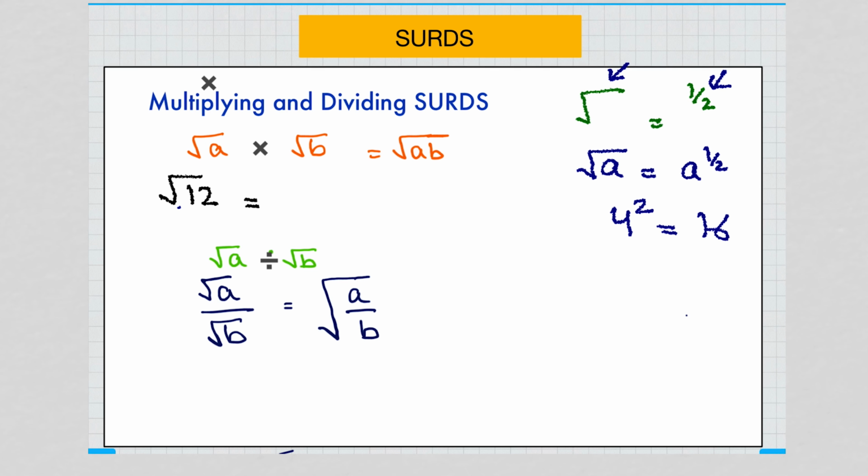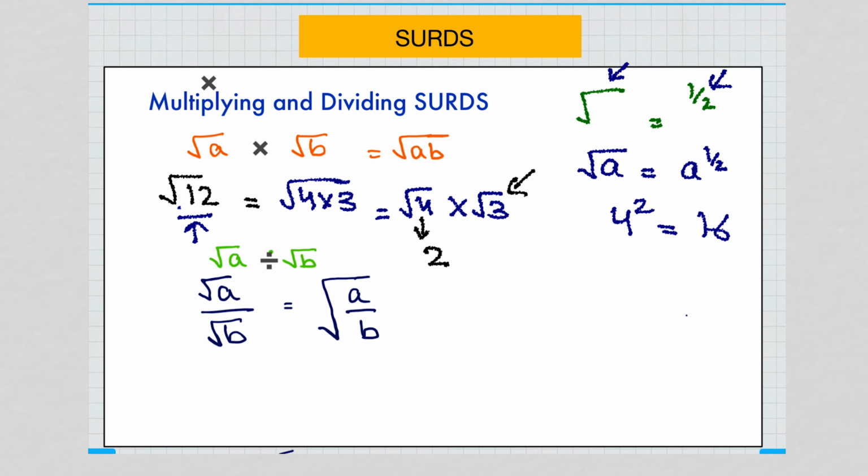I can write root 12 as root of 4 times 3, and then I can also write root of 4 times 3 as root 4 times root 3. Now I can simplify it. I know root 4 is 2, and I can't simplify root 3 anymore, so I simply write it next to 2. 2 root 3 would be our answer.